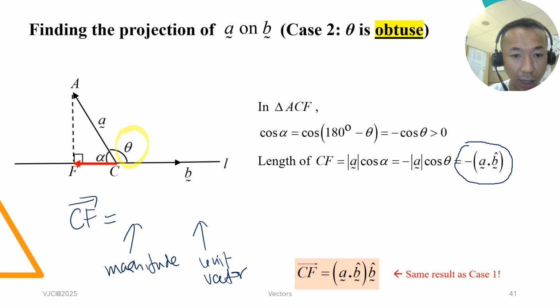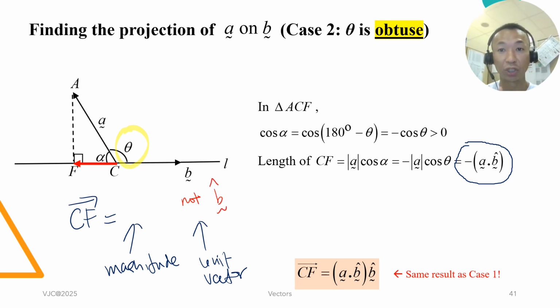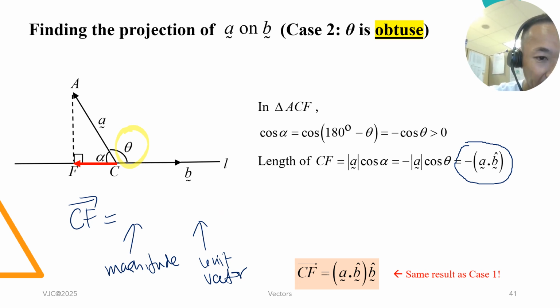The unit vector of CF is not B hat, because they're in opposite directions. The unit vector of CF is actually negative B hat, because CF is in this direction.